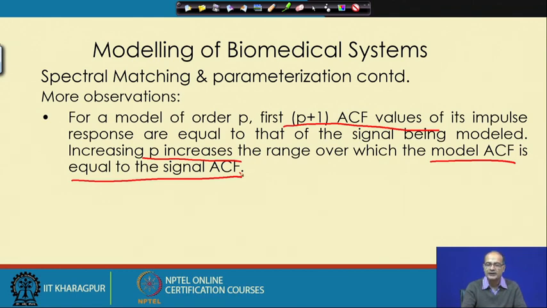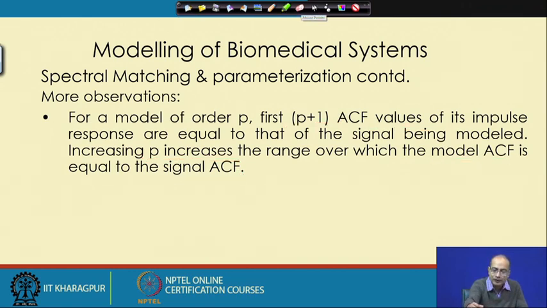First we are matching P plus 1 ACF values starting from 0, and as the order increases, we find a match between the ACF of the filter impulse response and that of the signal. In that way, by increasing the model order, we are getting the same value for the filter ACF as well as for our model ACF.